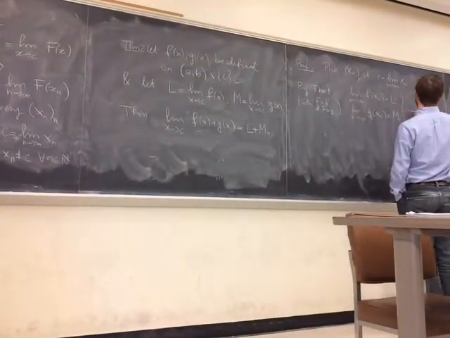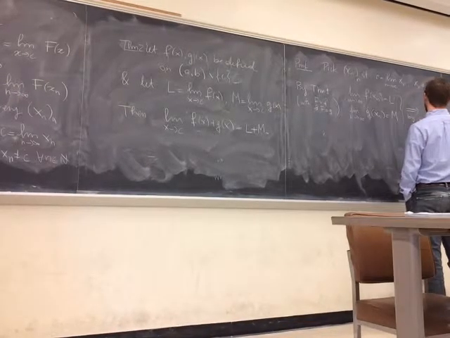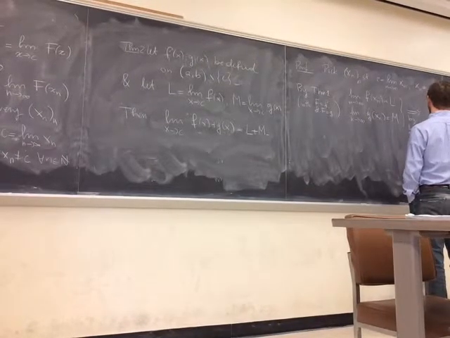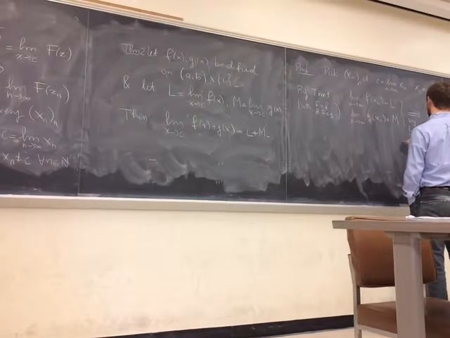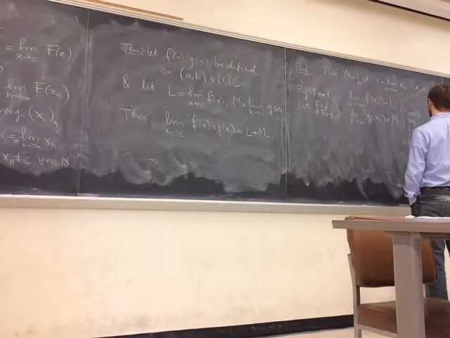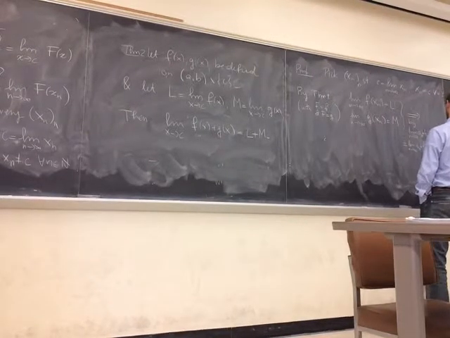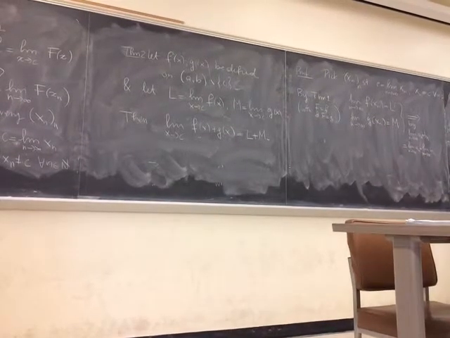So this implies, by what we have proved for sequences. So on sequences, we have proved that the limit of an plus bn is the limit as n goes to infinity of an plus the limit as n goes to infinity of bn, right? Remind that? So we have proved that on sequences.